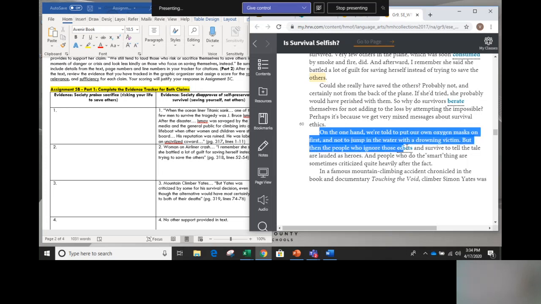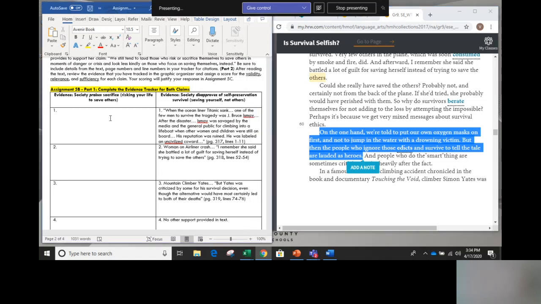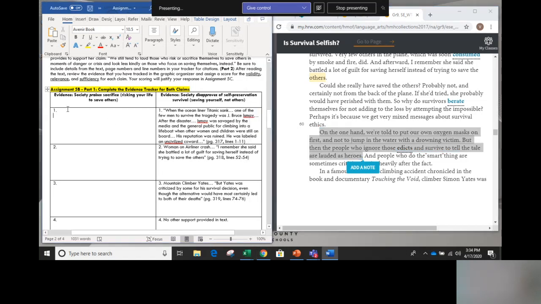But then the people who ignore those edicts and survive to tell the tale are lauded as heroes, and people who do the smart thing are sometimes criticized quite heavily after the fact. So this is evidence that praises that sacrifice, that risking your own life to save others. The author claims that they are lauded or described as heroes. So I'm going to add that over here.